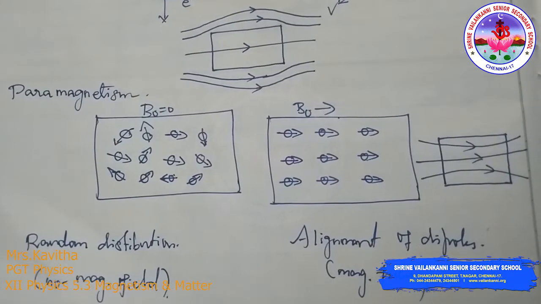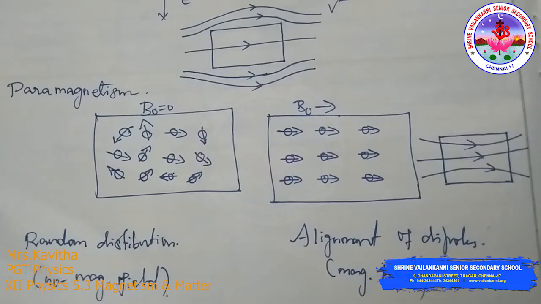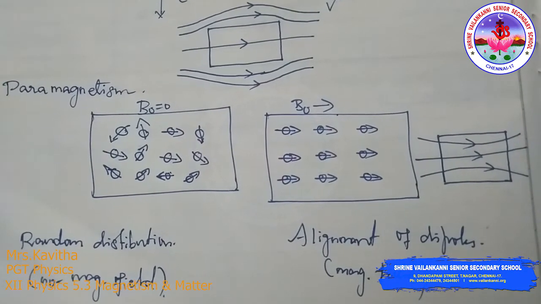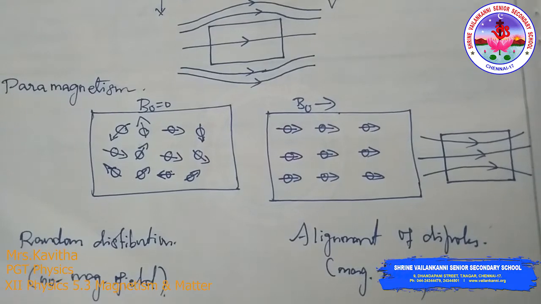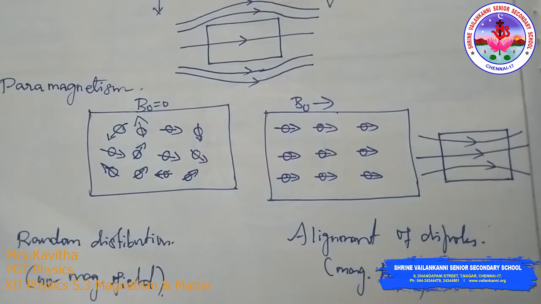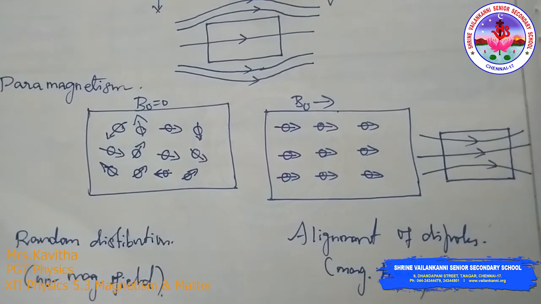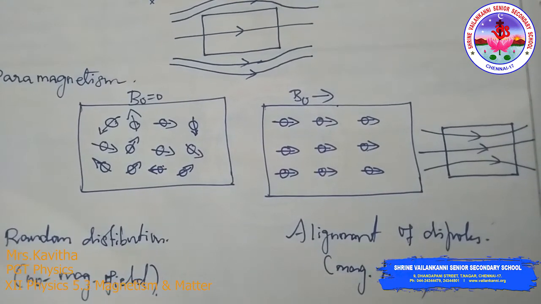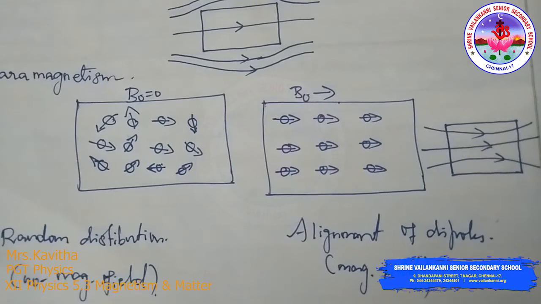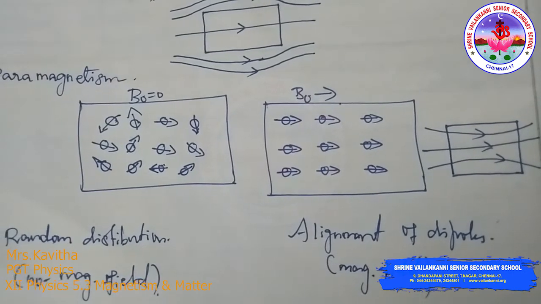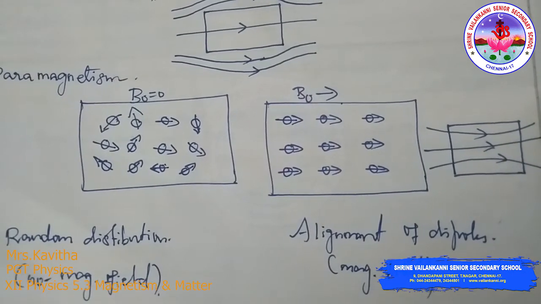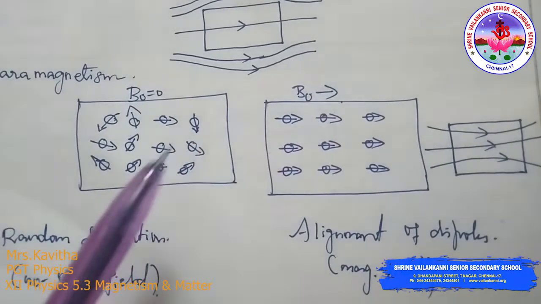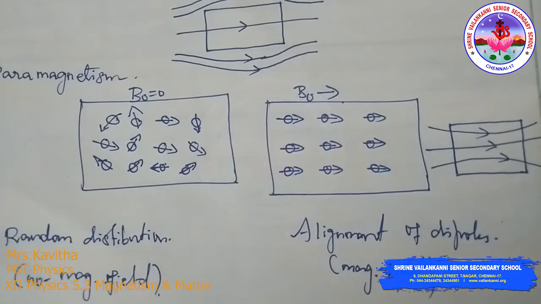In paramagnetic materials, when a strong enough field is applied and the temperature is low enough, the field B0 tends to align the atomic dipoles in its own direction, producing a weak magnetic moment in the same direction as B0. So the material tends to move from a weaker field to a stronger field. This is paramagnetism.